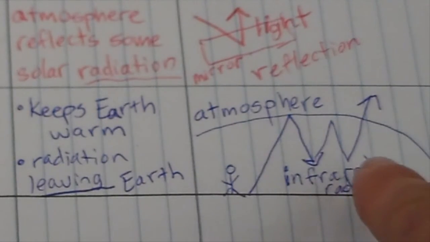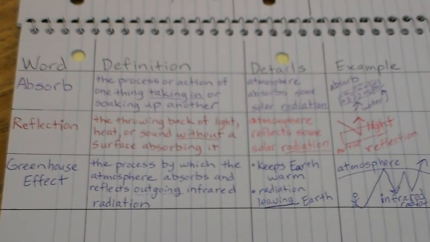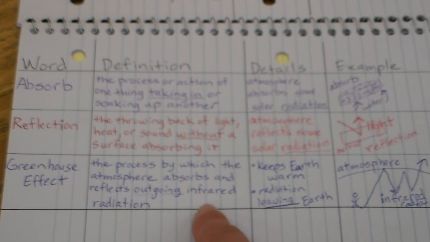I'm drawing my picture similar to what I did here, where some of it is going to get absorbed, some of it will get reflected, some of it will go straight out. Again, we're going to go into more detail with this process on Thursday and Friday this week. So our three words today all go together. Absorb or absorption and reflection are kind of opposites, and both of those things are happening in the greenhouse effect.